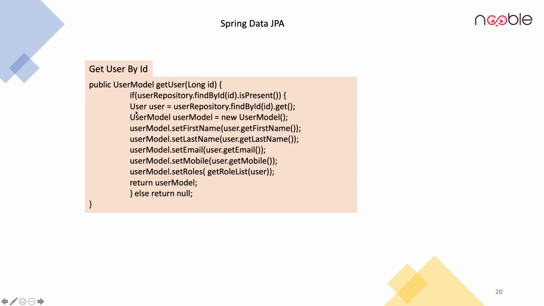Then I am assigning it to the user. Now I am creating a user model, assigning the first name which I am getting from the user here, last name, everything I am getting assigned, and I am returning the user model. This is what we are going to see there. Here I'll get the role list and assign it to the user model.